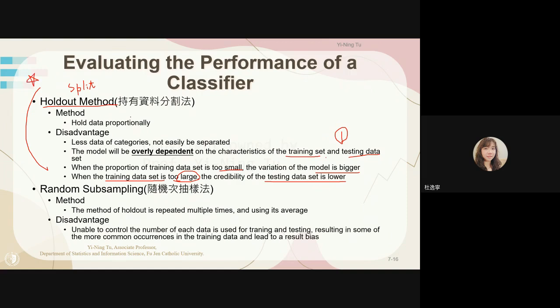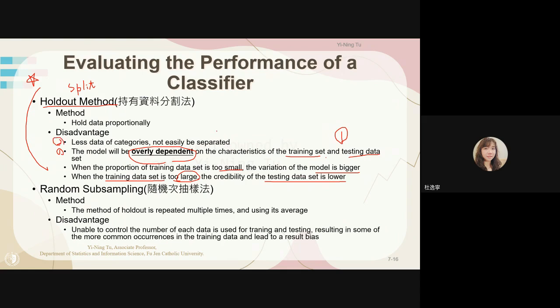就是我要跟你讲什么是 hold out method，你就要跟我讲，它是 train test split。OK, what is the weakness or disadvantage? Because it's over dependent on the characteristics of the training data set and testing data set. This is the first. And less data of a category is not easily separated.